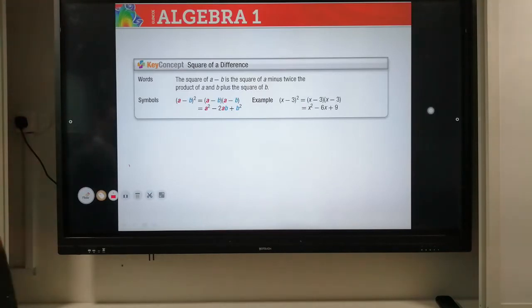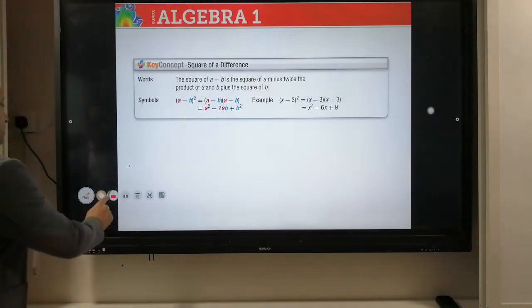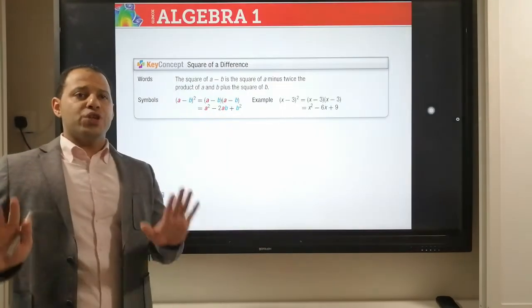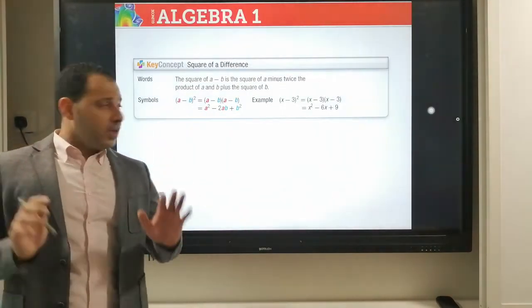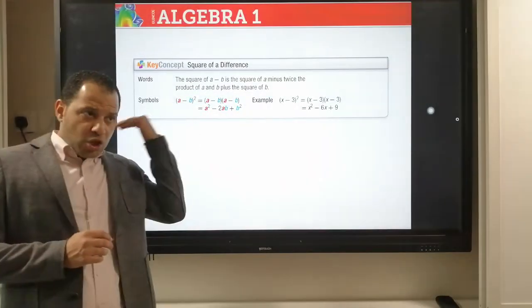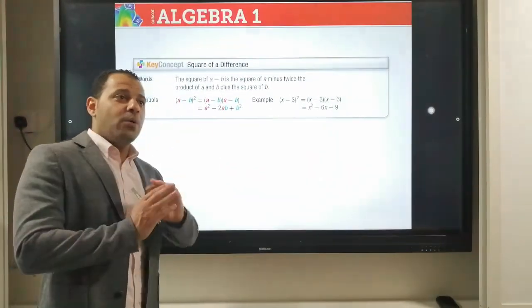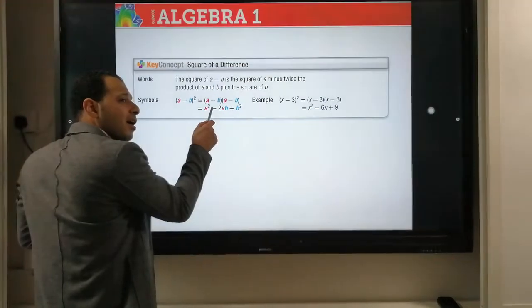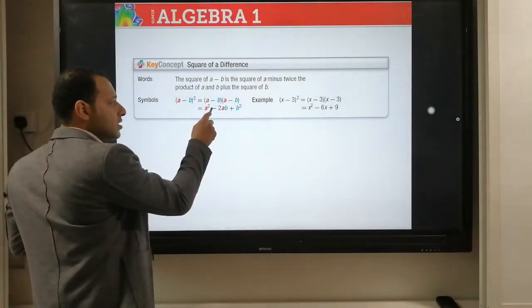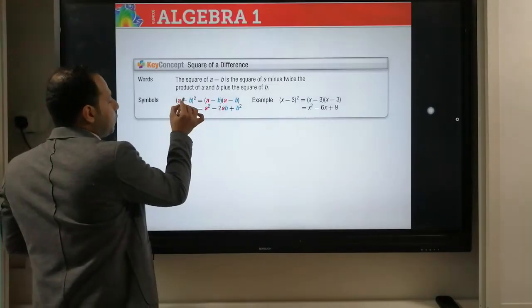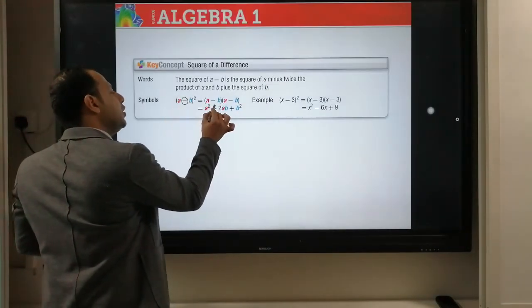As you see, this is the square of difference. What is the square of difference? It is the same, but we just change the middle sign. The middle sign was positive and now it's negative. So no change, except we have negative here and negative here also.